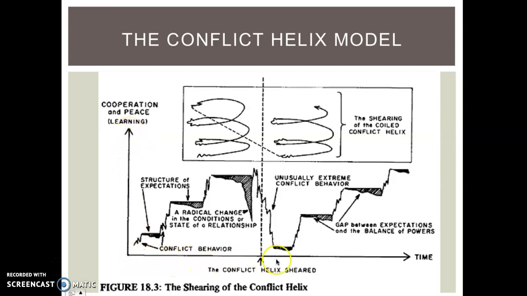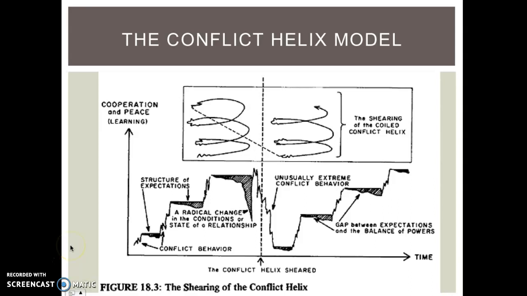And the other axis is just time passing. These squiggly lines indicate conflict behavior. Okay? And the straight lines indicate when expectations are now being met by society.